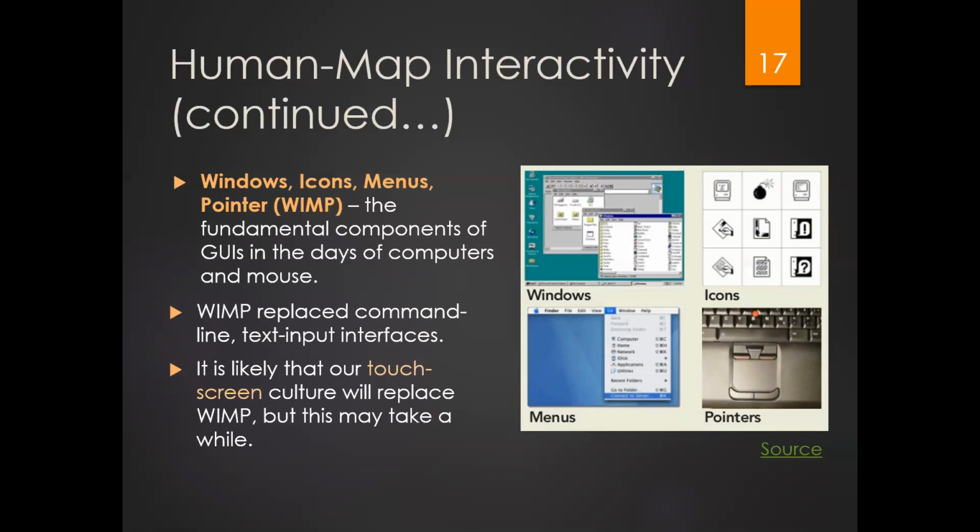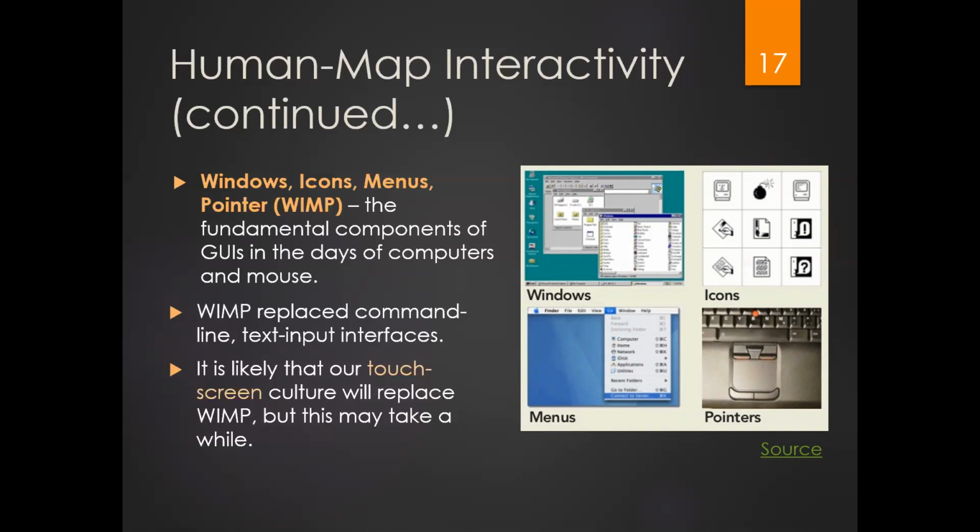Okay, and today beyond WIMP, we're in an era of touch screens, which means when we're using tablets or smartphones, we are more likely to tap, to touch and drag, or zoom in, zoom out. We use these gestures to interact with our devices. So WIMP elements are fundamentals.